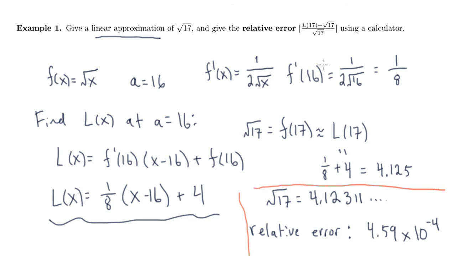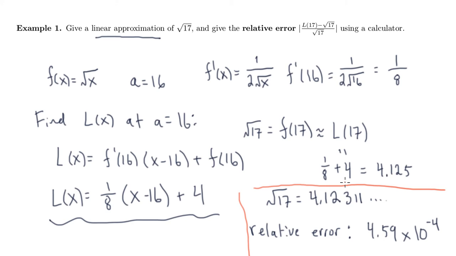If you thought about this as a measurement in millimeters, 4.123 versus 4.125 in millimeters is really, really small. Of course it depends on what you're doing, but this is a good approximation to the square root of 17.